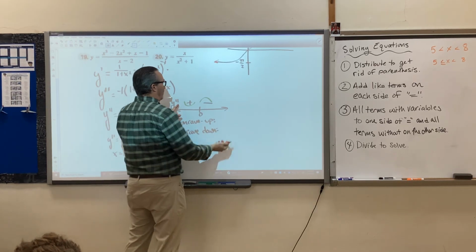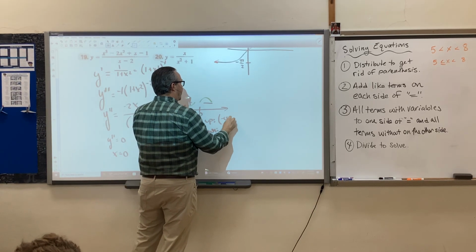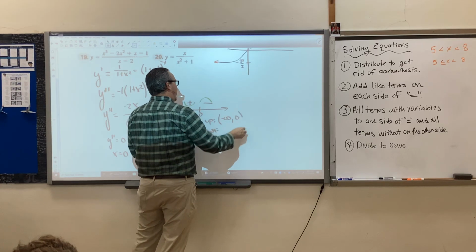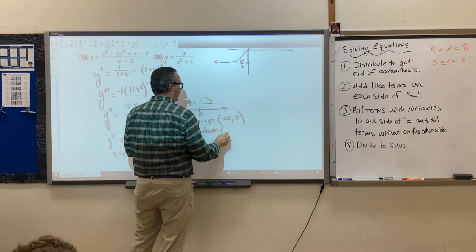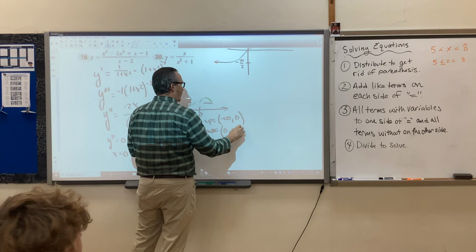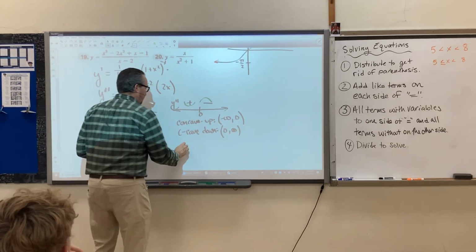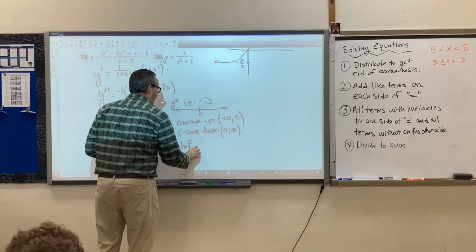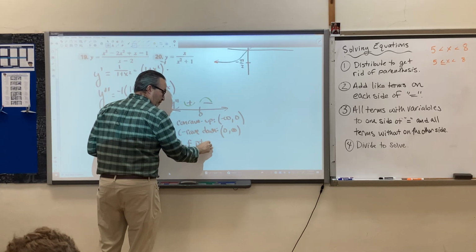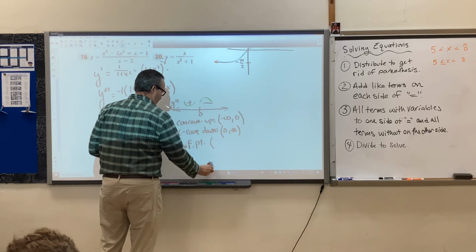So concave up, and concave down. Inflection point? 0.